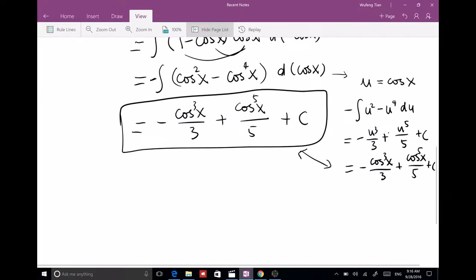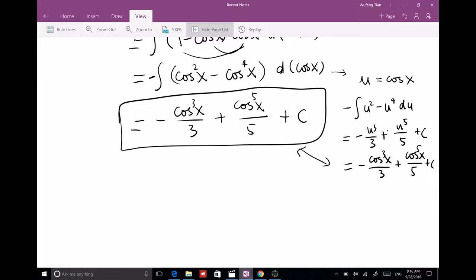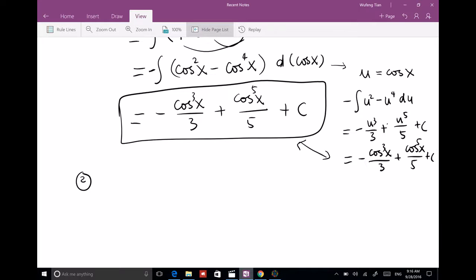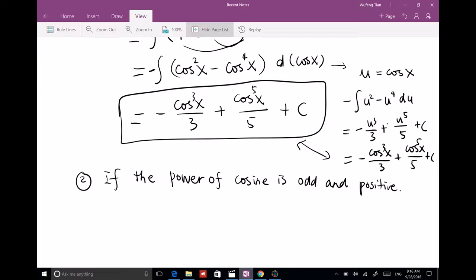So next, what if the power of cosine is odd? If the power of cosine is odd and positive, what do we do?